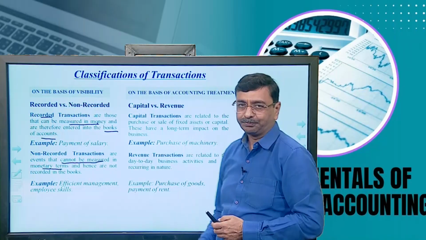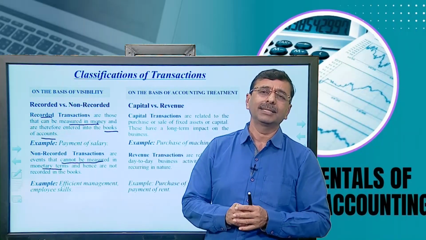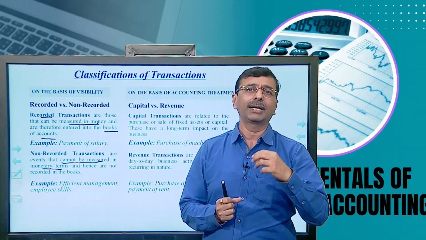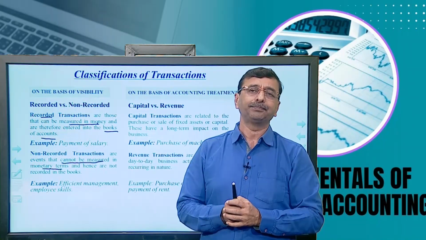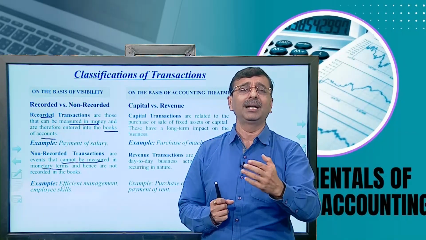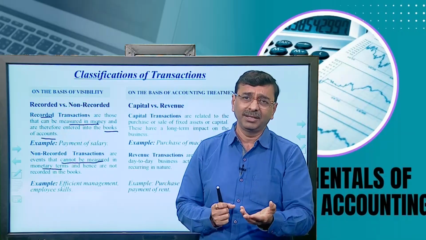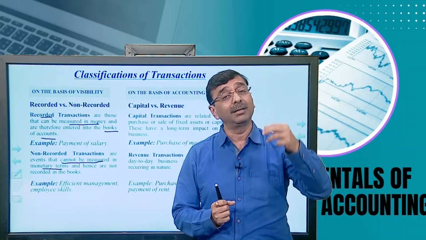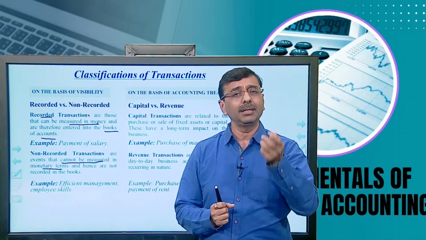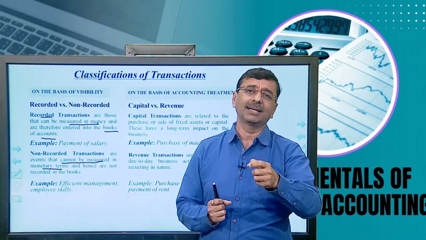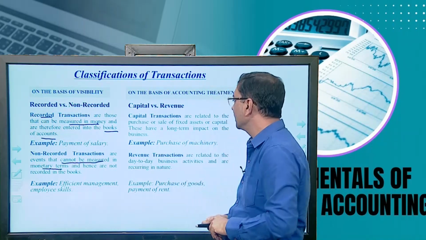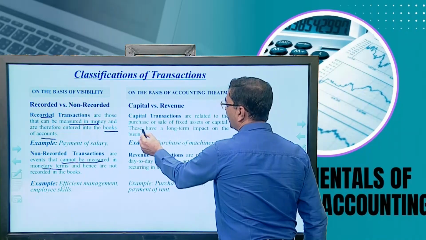Capital versus revenue. What are capital transactions? Capital transactions are those having capital values or capital expenditures. Like if you purchase assets such as land, building, plant, and machinery, which will be used in the business for a longer duration, and these assets or expenses will help you generate revenue, that is considered capital expenditure.